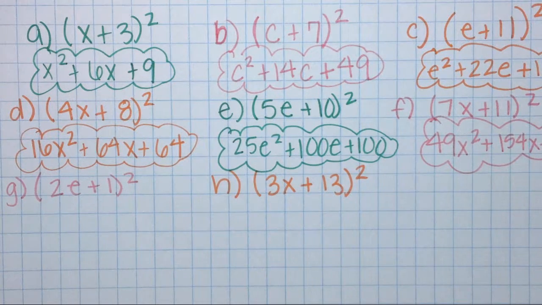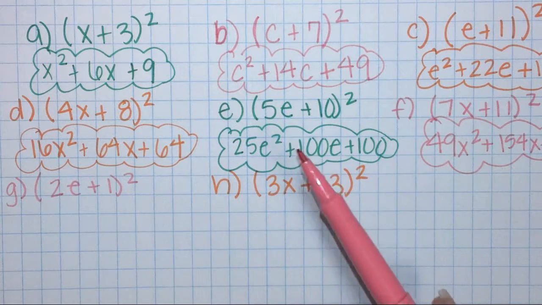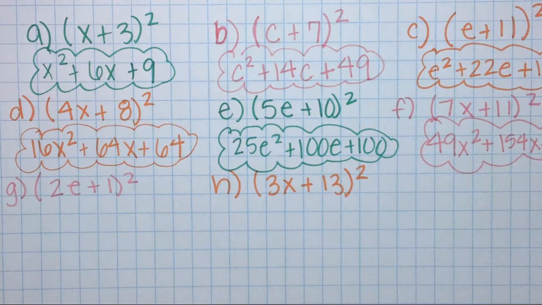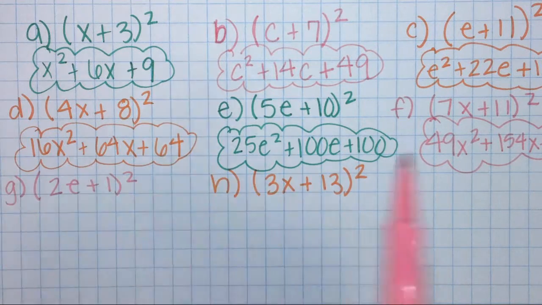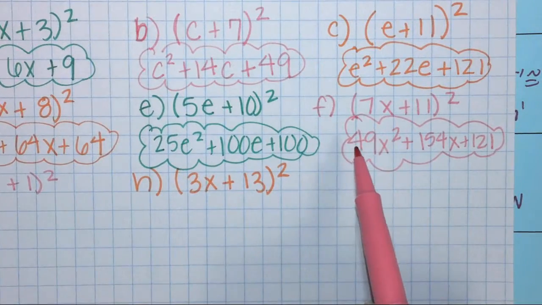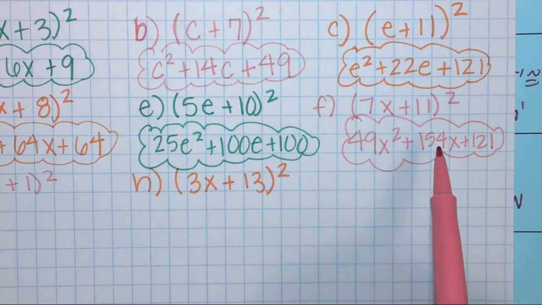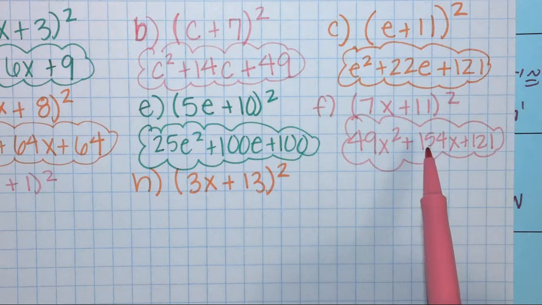Alright, so for E, I got 25E squared plus 100E plus 100. Did anybody get that one right? If 3 people got it right, take a point for your team. Alright, for F, we got 49x squared plus 154x plus 121.